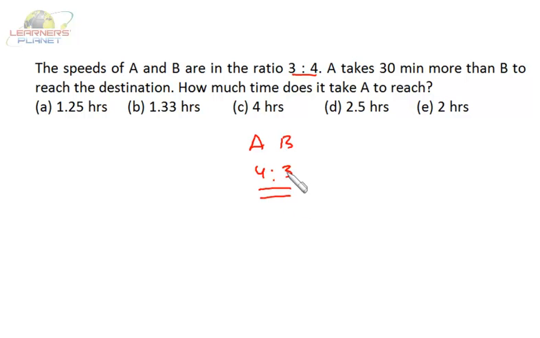Now the difference is one part, and this one part is actually 30 minutes. That means 4 parts, that is the time taken by A, we have to calculate. So if one part is 30 minutes, 4 parts is 120 minutes, that is 2 hours. So A will be taking 2 hours and B will be taking 1.5 hours. I hope you are clear.